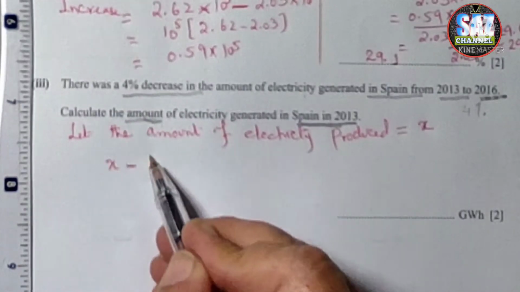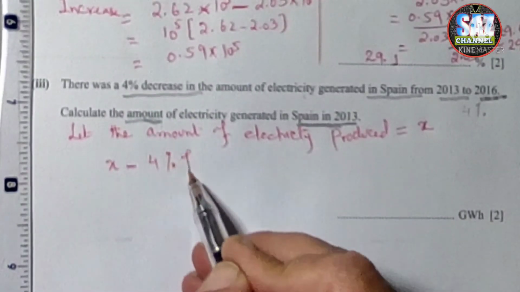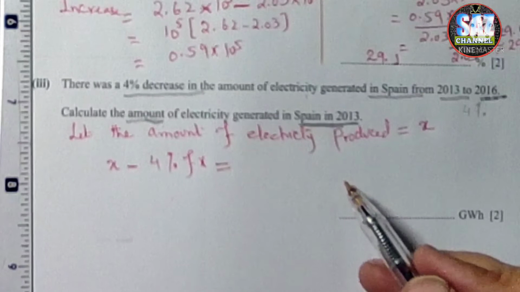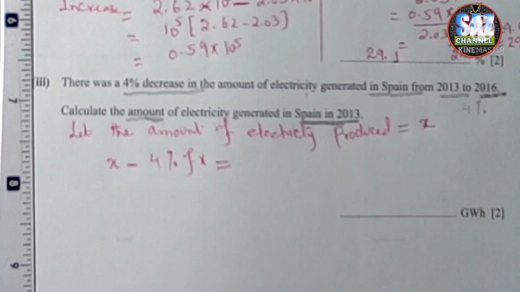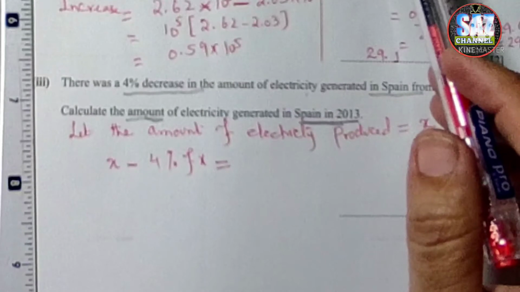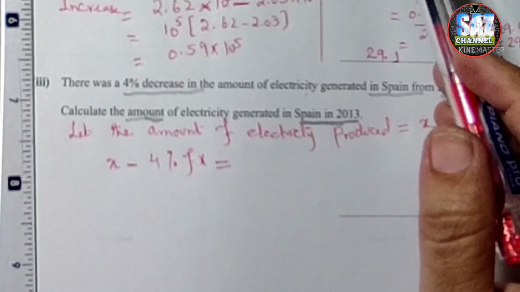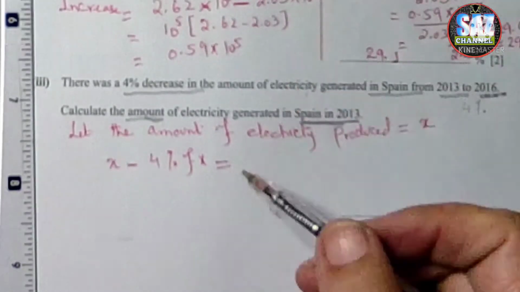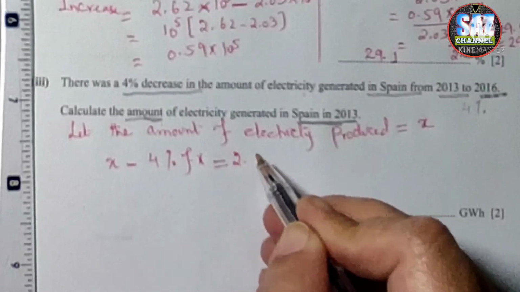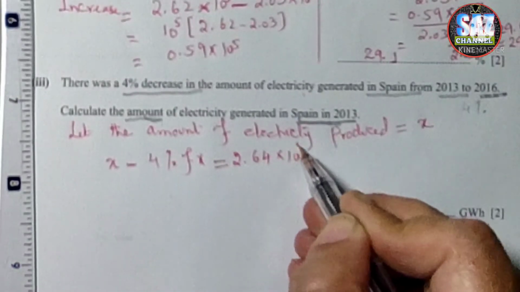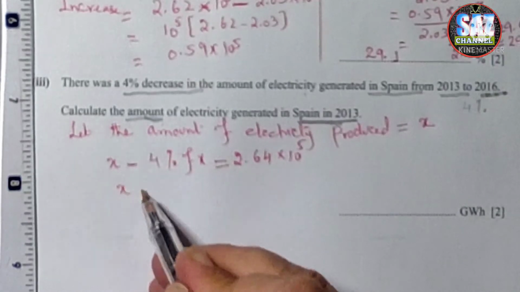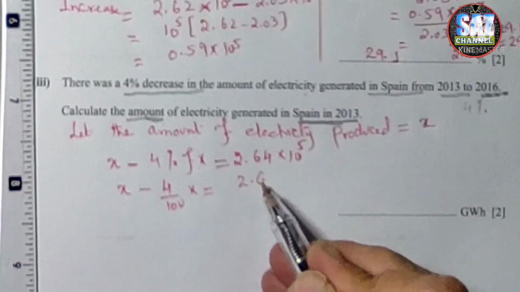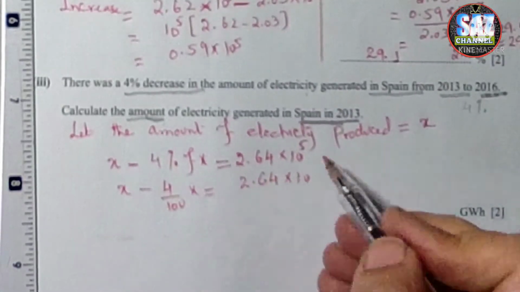X minus 4% of X equals the value of the electricity produced in 2016. It's 4% less than the amount in 2013, so this will be equated to 2.64 multiplied by 10 raised to power 5. So X minus 4 over 100 X equals 2.64 multiplied by 10 raised to power 5.